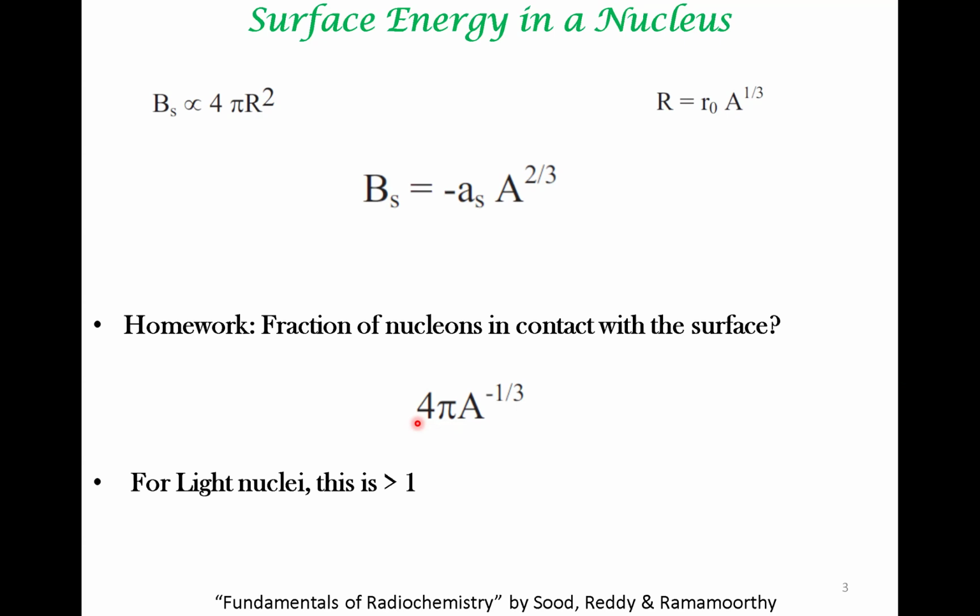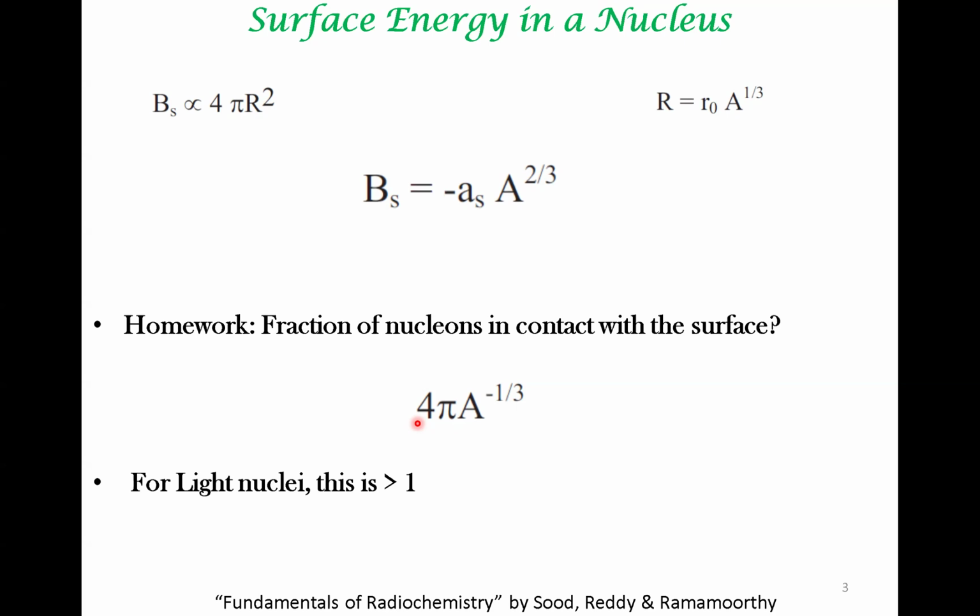In a nanoparticle, what makes it interesting is that the ratio of the atoms on the surface to the atoms in the bulk is a lot more, right? As the particles become larger and larger, this ratio decreases, and the effect of surface is not that significant. Likewise, in a light nucleus, most of the nucleons are at the surface.